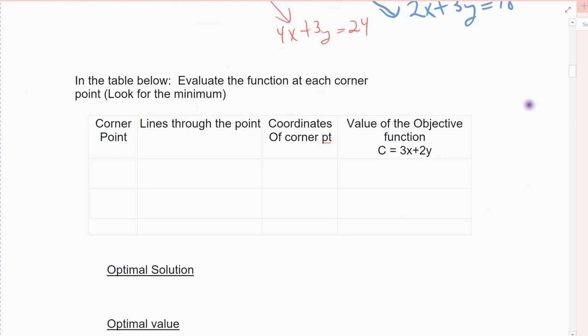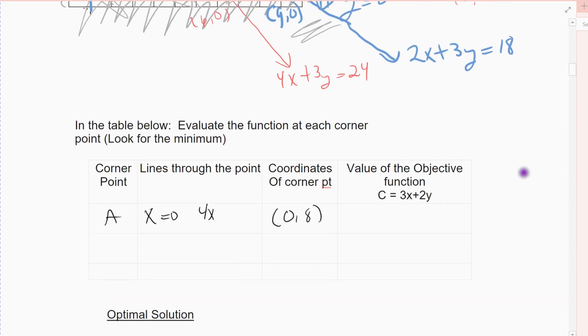Alright, so my corner point A, which was the point 0, 8, I don't need to check that one because that's one I used. It went through my y-axis and the line 4x plus 3y equals 24, the red line. B was where both my lines intersect, so it went through the red line and the blue line.